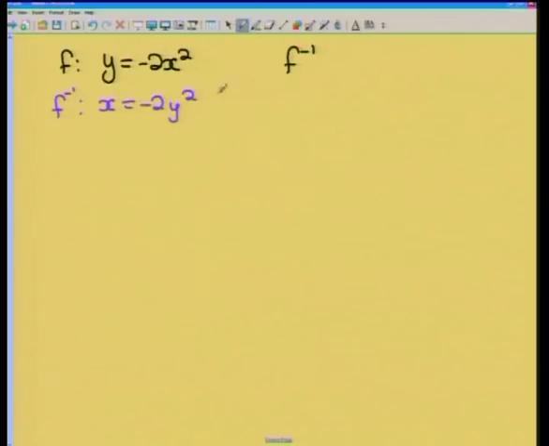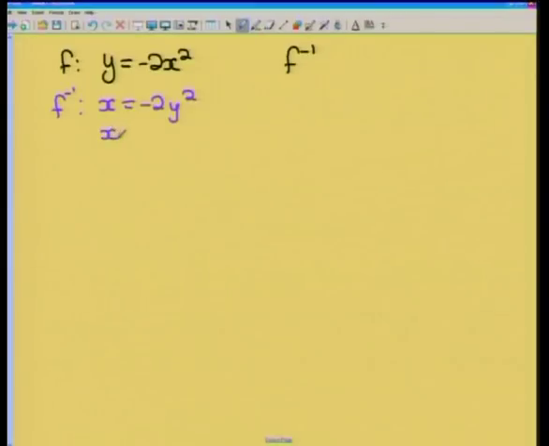Now, it's not acceptable to leave the equation like that. We always have to work it into y form, and even more so because this question asked you to put it into y form. So we definitely don't want to leave it there. So let's have a look at what we're doing here. We're going to say that x over minus 2 is equal to y squared. And now what we need to do is get the y on its own.